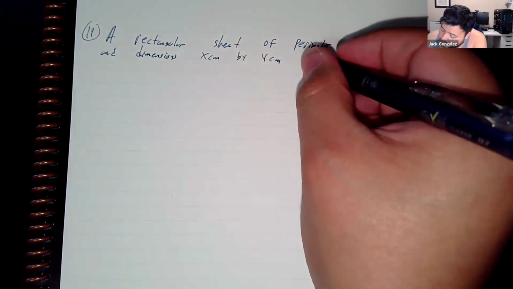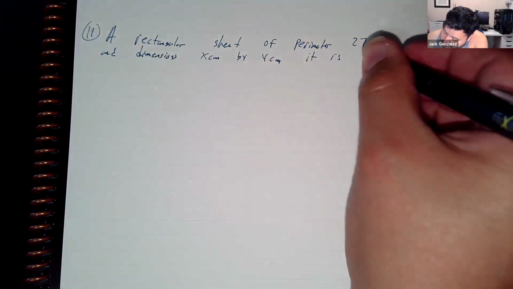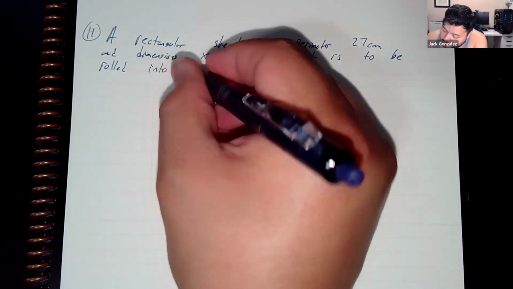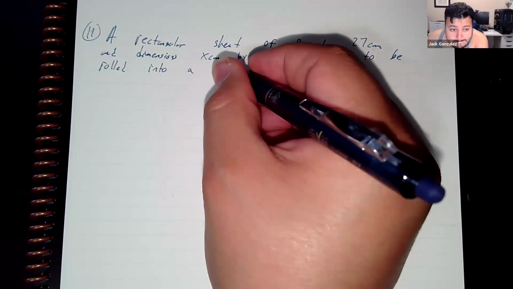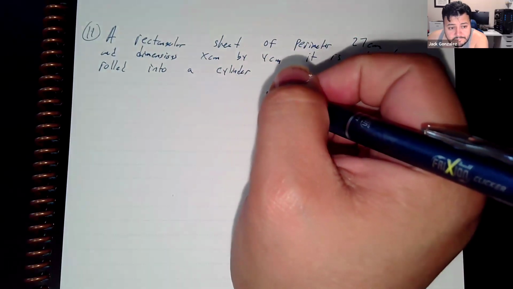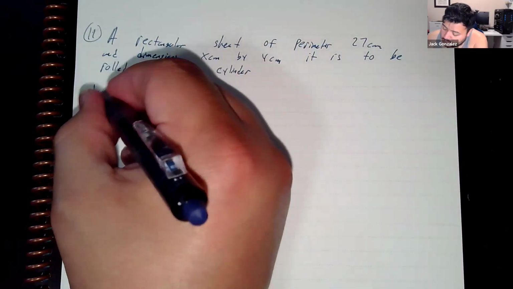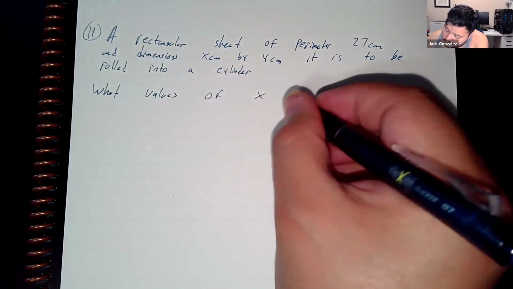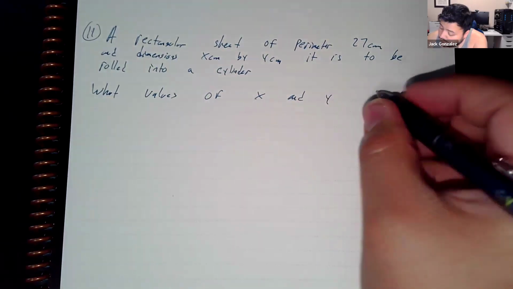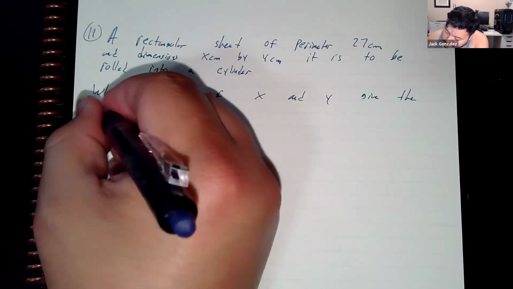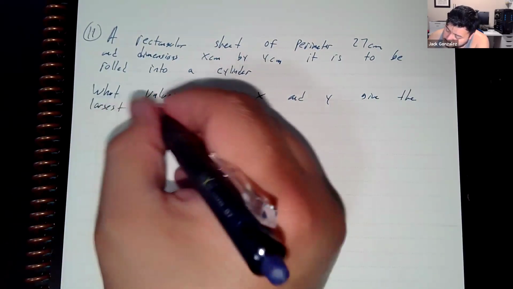And it's to be rolled into a cylinder. What values of X and Y give the largest volume?